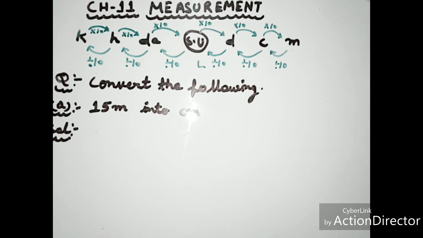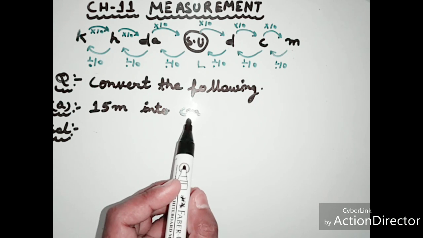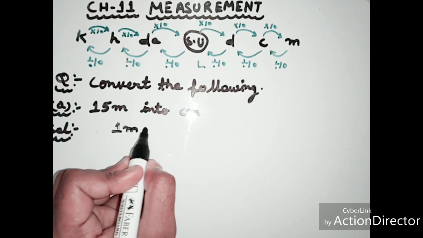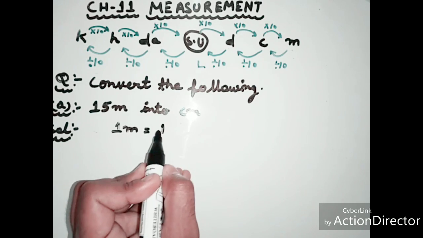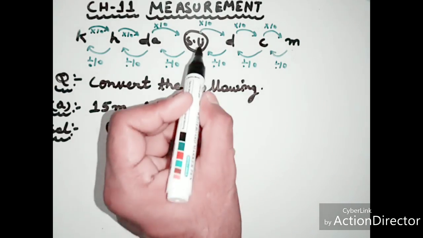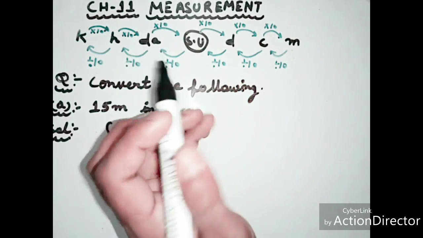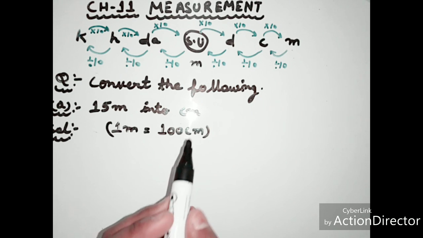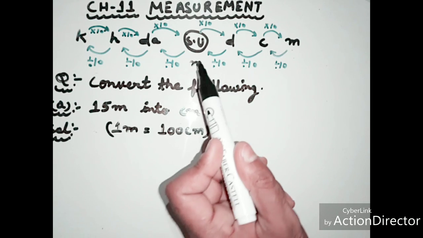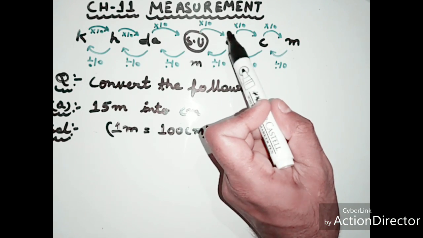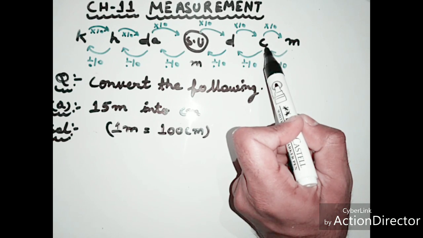So here first we check how many centimeter in 1 meter. So 1 meter equal to 100 centimeter, because if we take a standard unit meter here, so meter is here and here we move higher to lower unit centimeter.